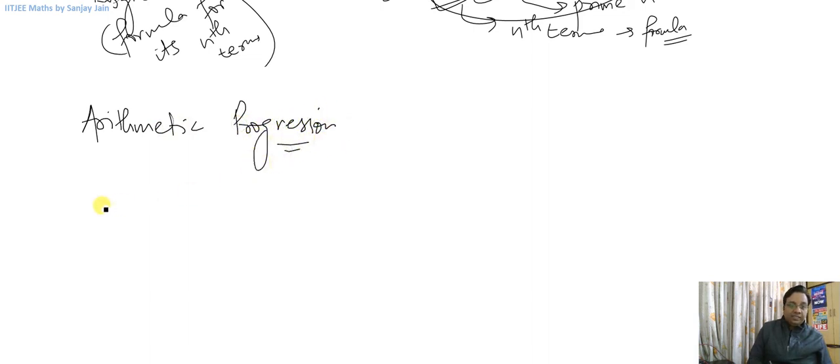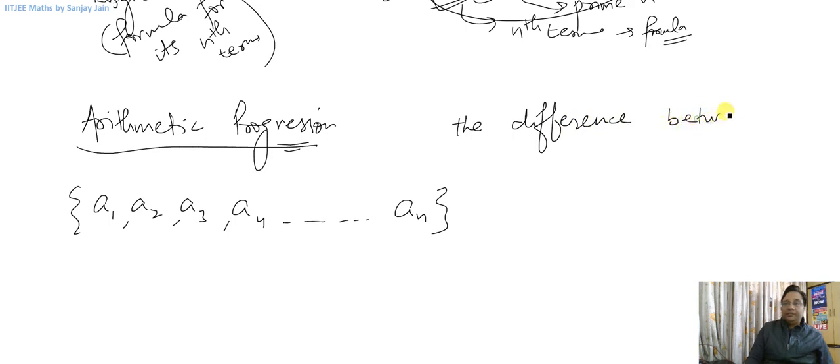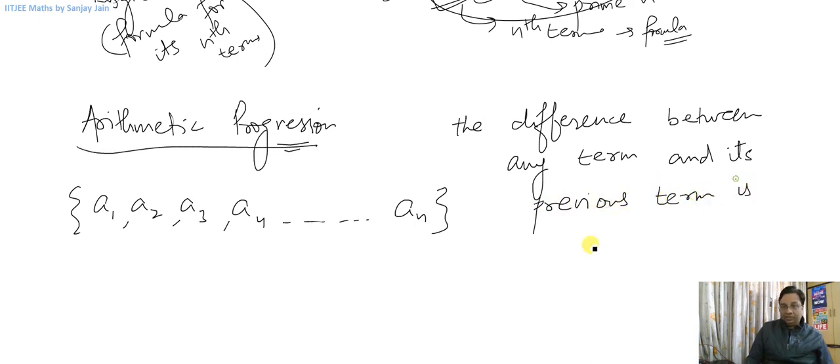Now let us say I've got a sequence A1, A2, A3, A4 and so on till AN. Now these are set of numbers written here. If the difference between any term and its previous term is constant, then such a sequence is known as arithmetic progression.